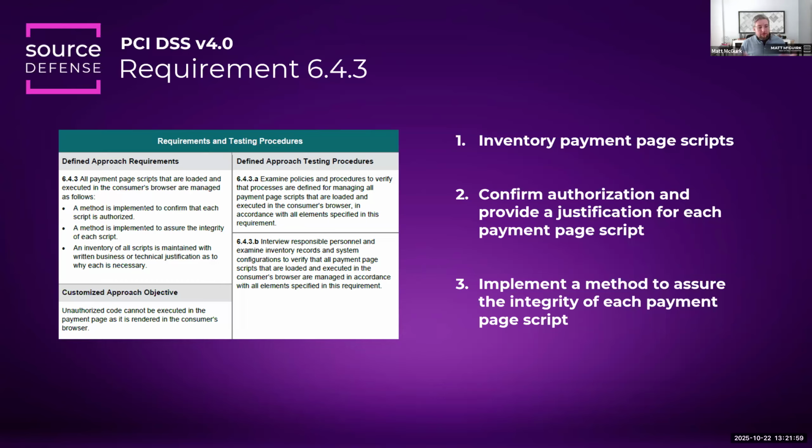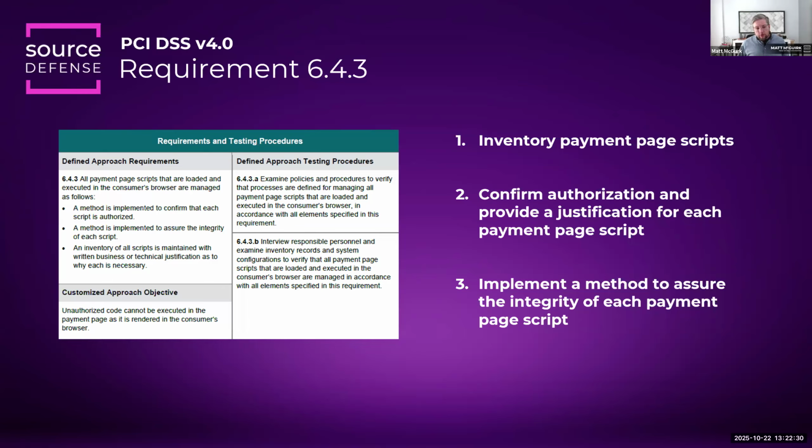And because they're QSAs, they're not just going to make up their own criteria. They're going to fall back on 6.4.3 and 11.6.1. So all I'm suggesting is that anyone on the phone who is taking that approach or wants to maintain eligibility for the SAQ A, I urge you to look very carefully. If you're under the apprehension that you don't need to do it, you might be wrong. I'm trying to be political about it. So think carefully about the path you take there.